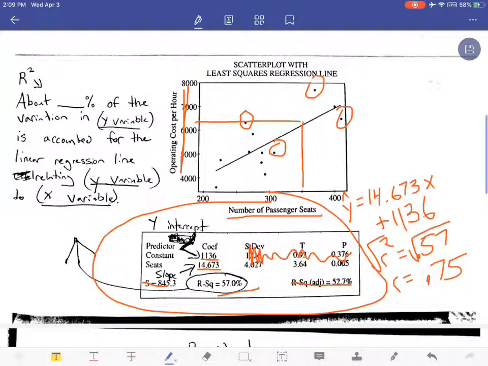To find the exact value, I want to plug in that 350 for x. So I'll do that on my calculator real fast.